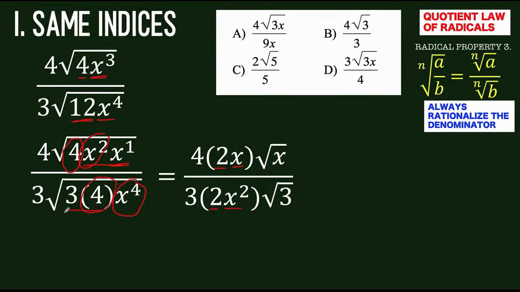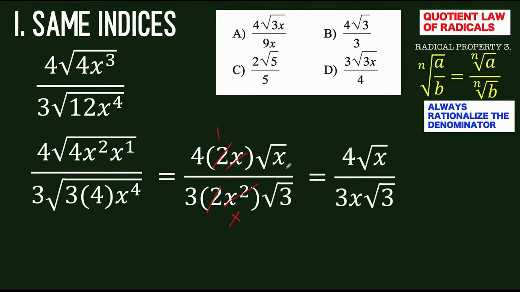So what's left is square root of 3. Now notice that 2 and 2 are common, and 2 divided by 2 is equal to 1. X divided by x squared is 1 over x, so you have x here. So 4 times 1 times square root of x is 4 square root of x. 3 times x times square root of 3 is 3x square root of 3.